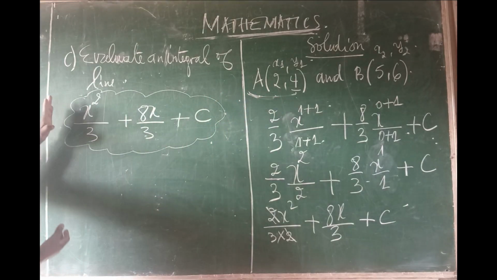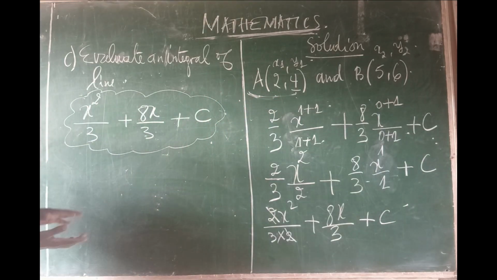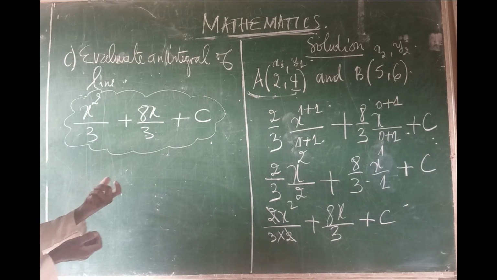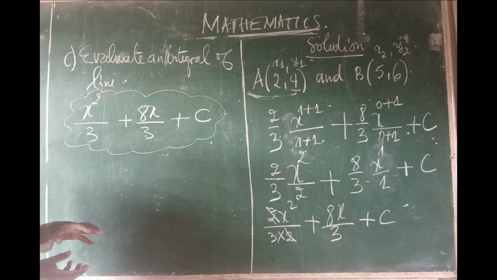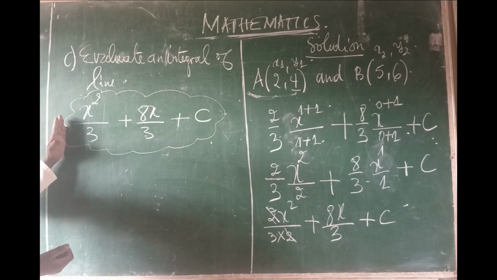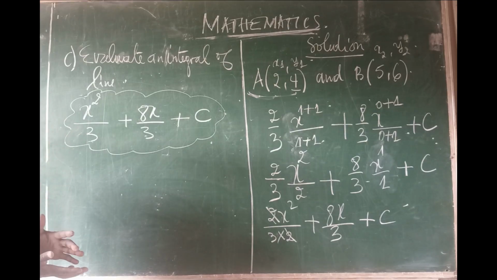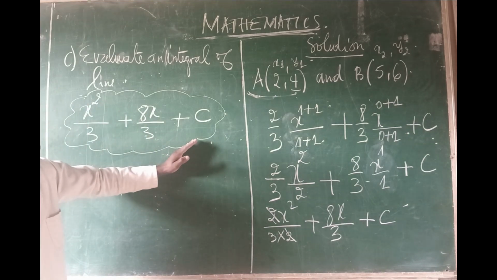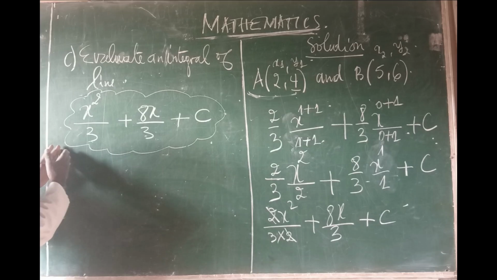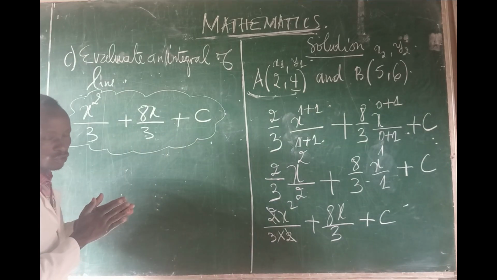The sub-questions contained in our question: first it was to find the gradient. After the gradient, it was to find the equation of the line. After finding the equation of the line, it was to find the integral of that equation of the line. So that is the final sub-question, right?